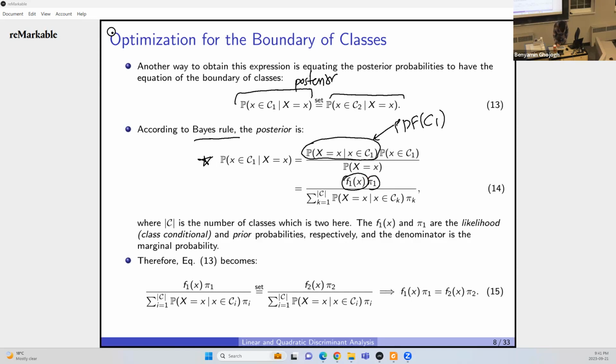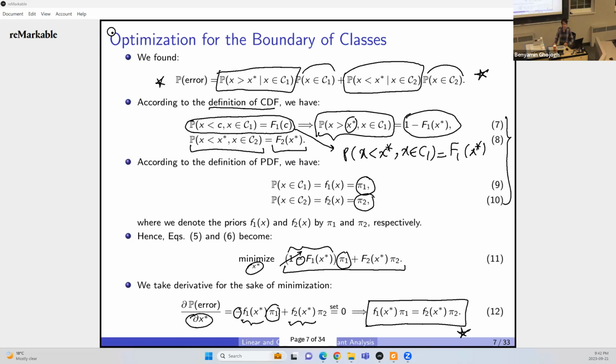F1 of X, prior pi 1, class 1. What is this? Some marginalization. I'm marginalizing in the denominator. Now, if I set these equal to each other, the denominators are equal, so they cancel each other. Only the numerators of the Bayes rule will be equal to each other. This equation 15 is exactly as equation 12. So in two ways we can end up with this equation.